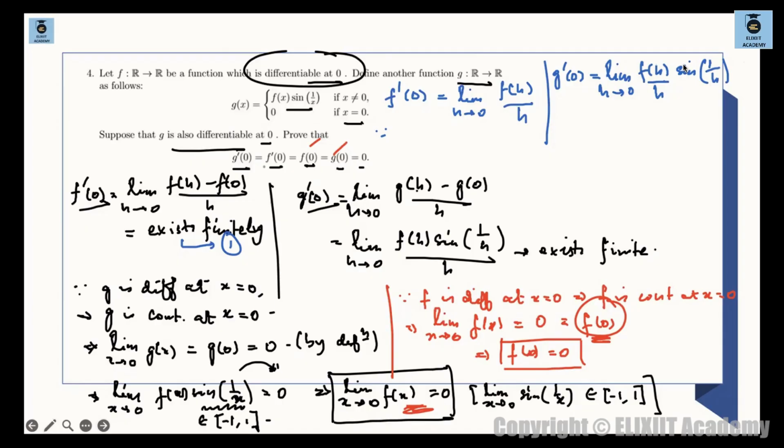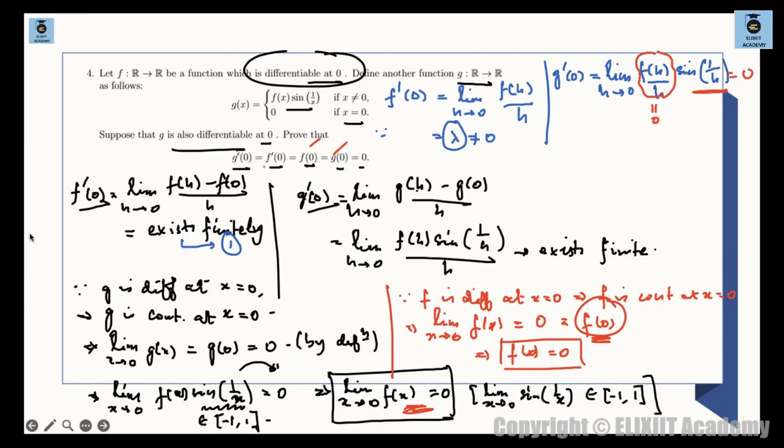So what I do is consider this limit to be lambda or something, where lambda is not equal to 0. Suppose lambda is any finite number which is not equal to 0. Because this limit is present over here, once you separate this. This is an oscillating function, and if this becomes 0, then only this limit will be finite and equal to 0.